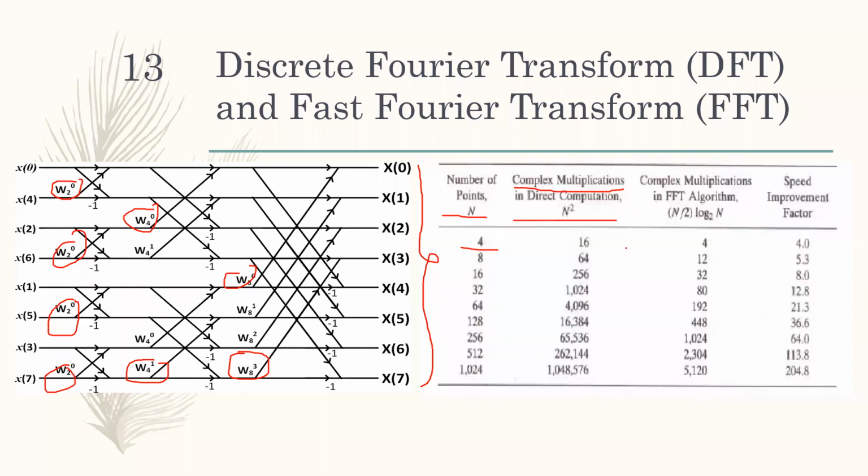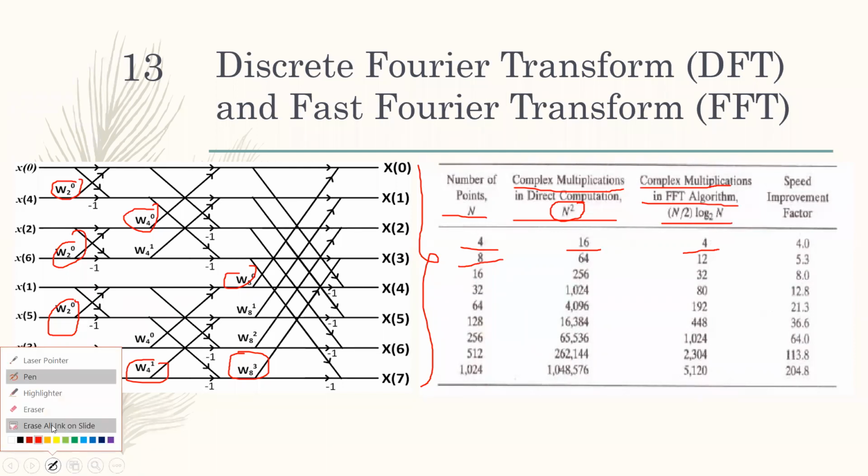If I use that equation, I get around N square complex multiplications. So for 4, I will have 16 complex multiplications, whereas in FFT algorithms I will have just 4 complex multiplications.